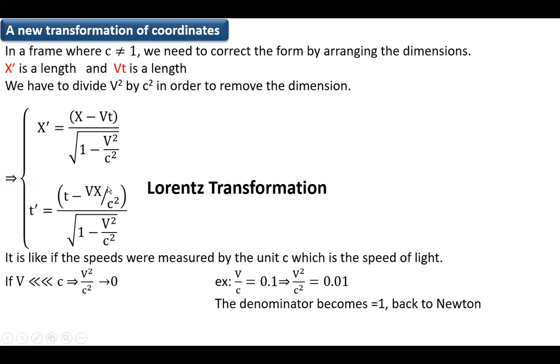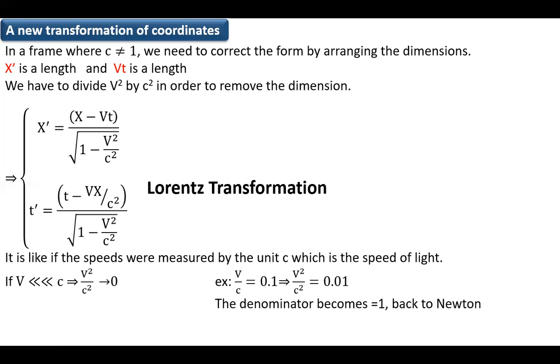You can simplify it by the meter. You will get only a second here as a unit. So this quantity has a dimension of time. So t is time, vx over c squared is time. So this side has a dimension of time, and t prime is time. So your equation is dimensionally correct.